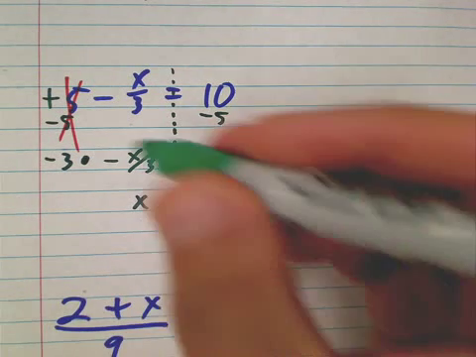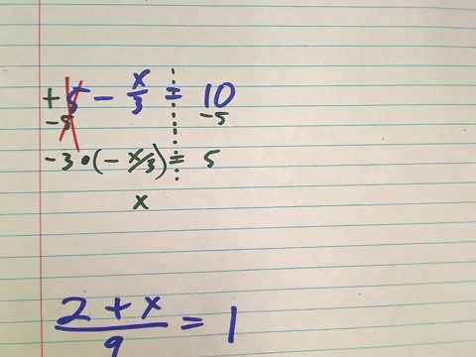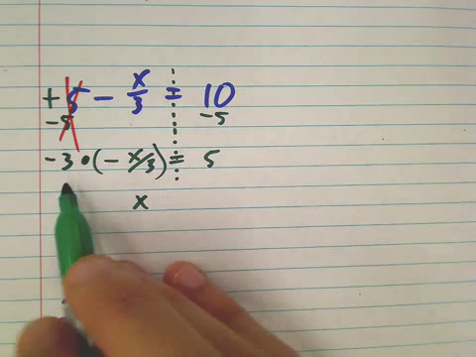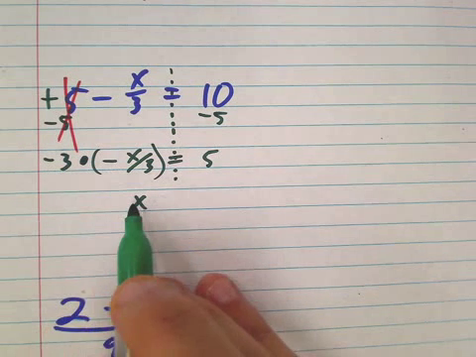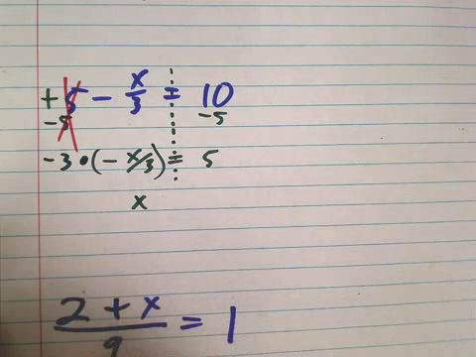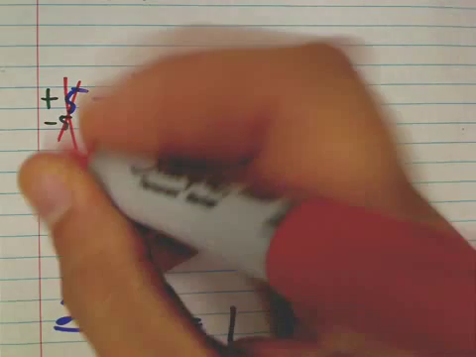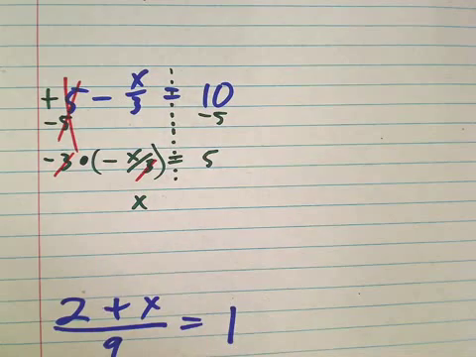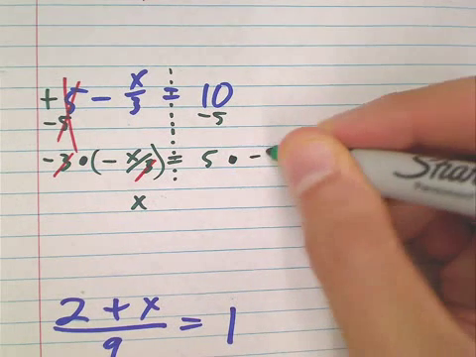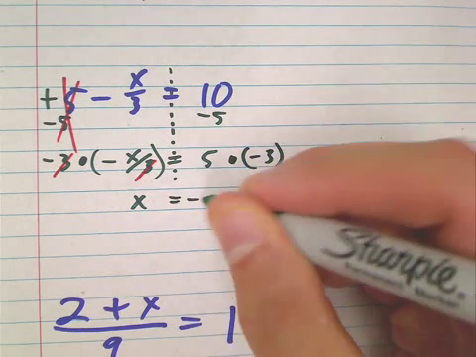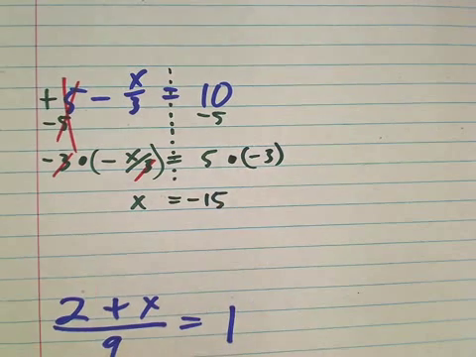So that's why I'm going to do that. I'm going to put this in parentheses as well. So if I multiply by negative 3, that will give me just the x there. The negatives will cancel out. Negative times negative is positive. And 3 divided by 3 cancel out as well. So let me go ahead and note that too. Okay, what you do over here, you must do over here. So times negative 3. That'll give me negative 15.